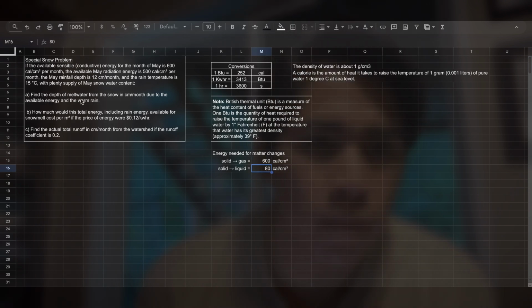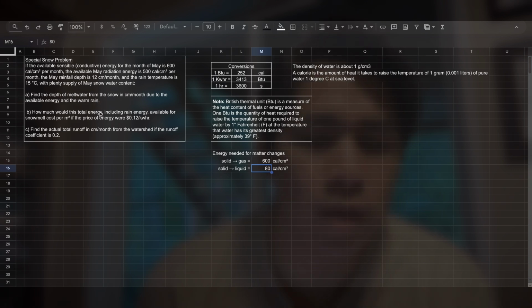Find the depth of melt water from the snow in centimeters per month due to the available energy and the warm rain. So the available energy that we have is the conductive energy, like the wind, and the radiation energy, the sun. And it's also asking us to get it from the rain.